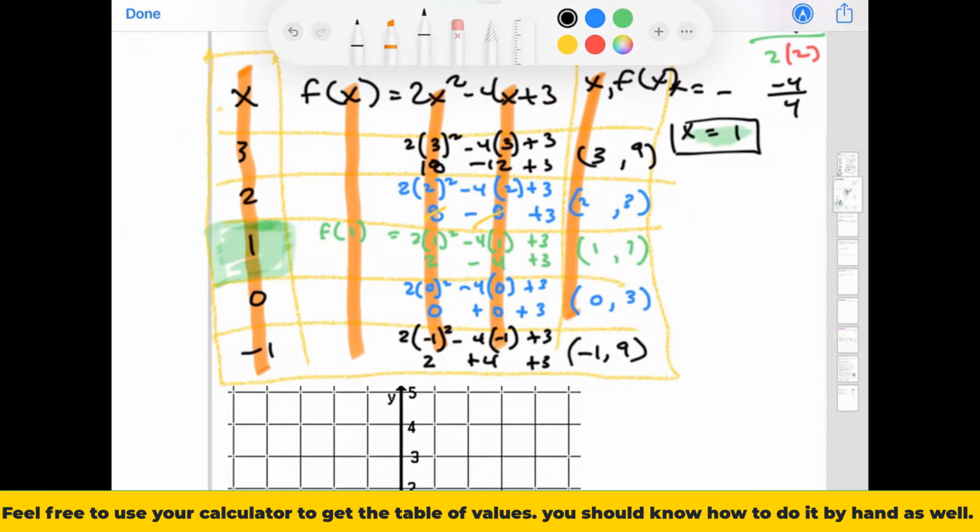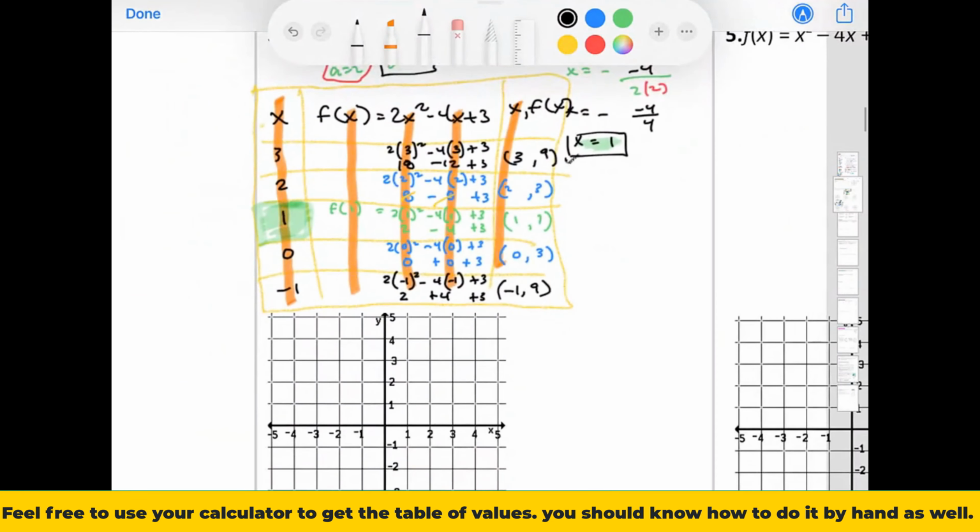Let's go ahead and get our pencil. 3, 9. Don't have it on the graph. That's bad. Okay, so let's extend it. 6, 7, 8, 9. So 3, 9. 2, 3.